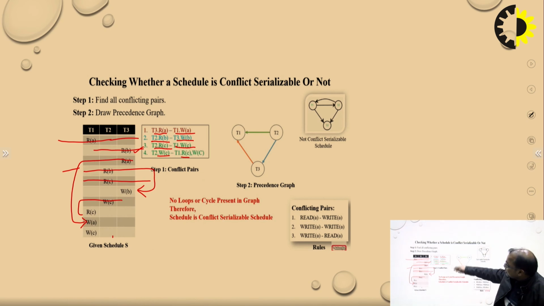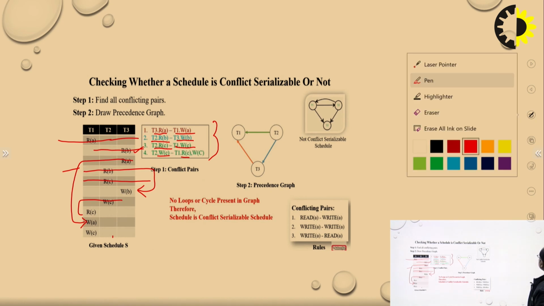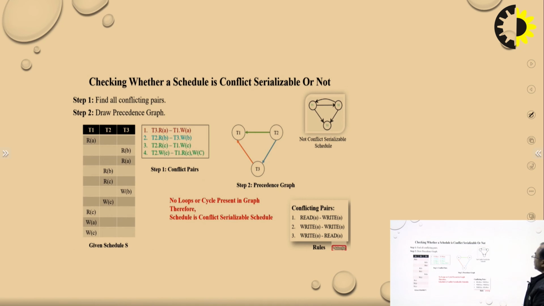So we have found all the conflicting pairs in this schedule. We erase this so we can see it easily. With the help of the three conflicting pairs, read-write, write-write, and write-read, we find four conflicting pairs in this schedule. Clear? Now draw the precedence graph.